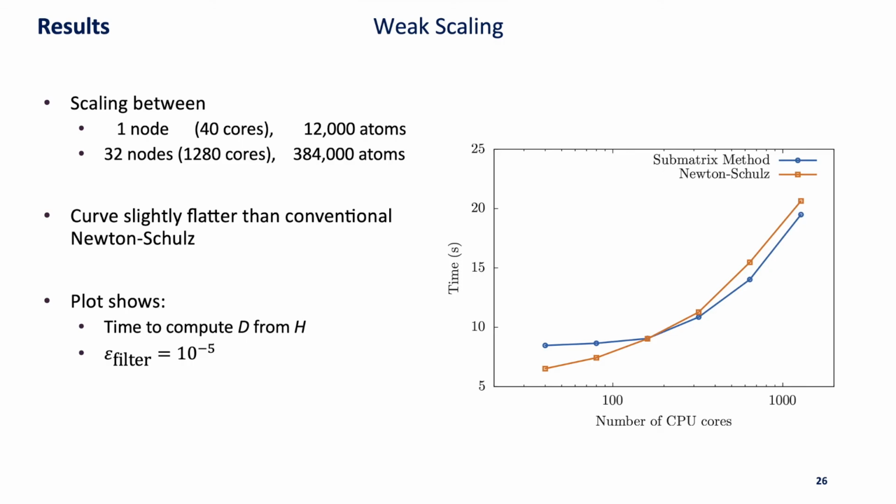We also looked at weak scaling, going from 40 cores to 1280 cores, while scaling the system from 12,000 atoms to 384,000 atoms. And what we would like to see here is basically a flat line. And what we see is that the submatrix method gives us a slightly flatter curve than the conventional Newton-Schultz approach.